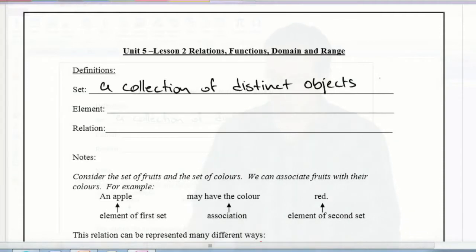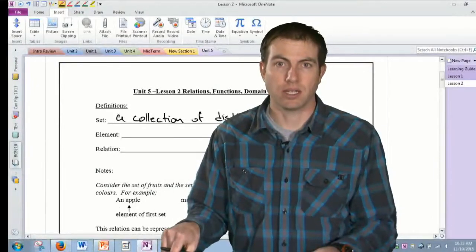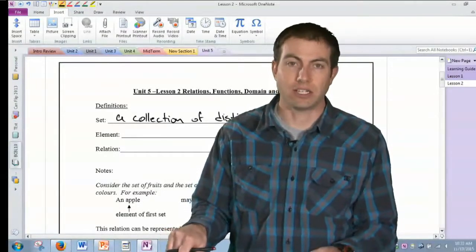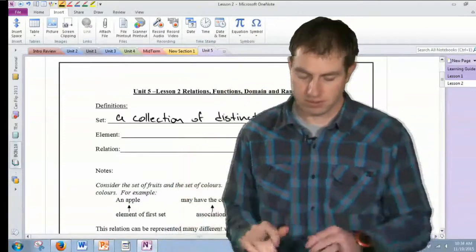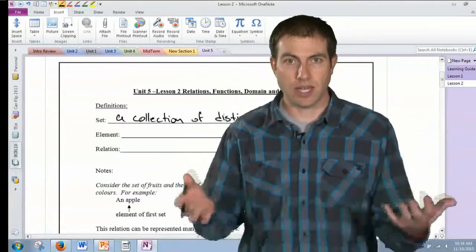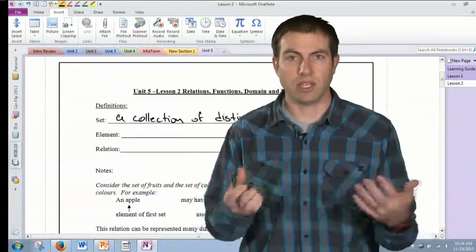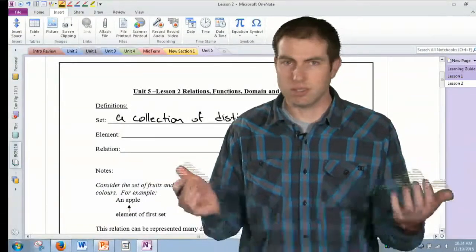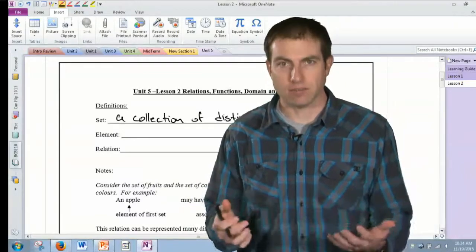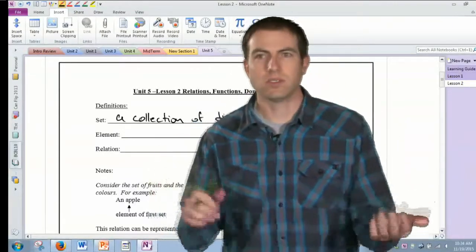In everyday life, you might have a set of action figures or stamps. That would be a set. They're distinct. They're all stamps, but they're different. You have different stamps, but they're all stamps, so they share things in common. I know you guys don't collect stamps or action figures, but what do students collect these days?